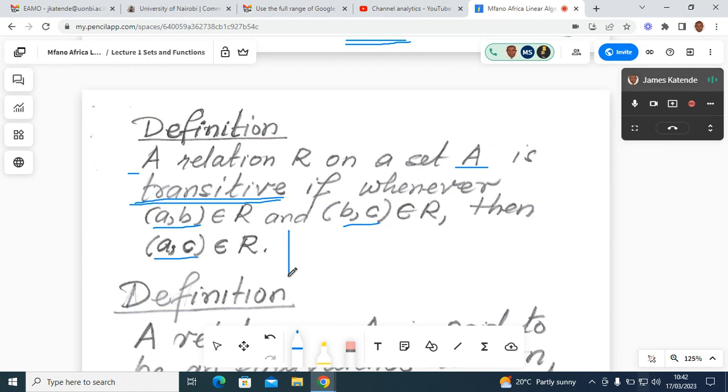In our other notation, if a is related to b and b is related to c hold at the same time, then this implies that a is related to c. I hope that makes sense.